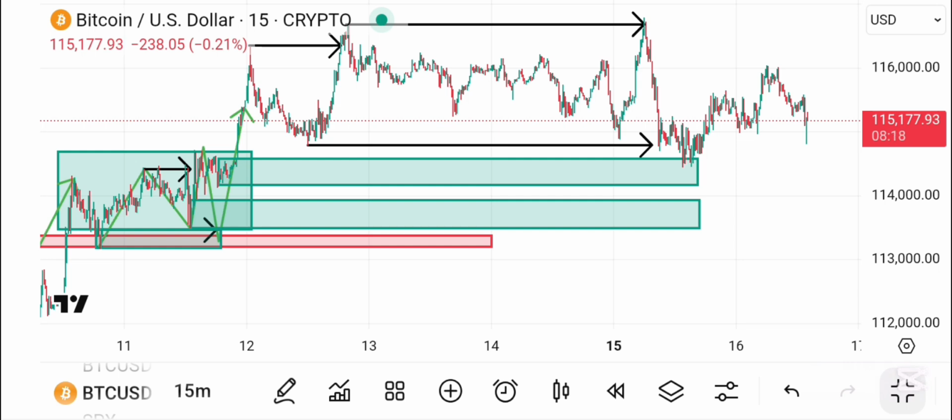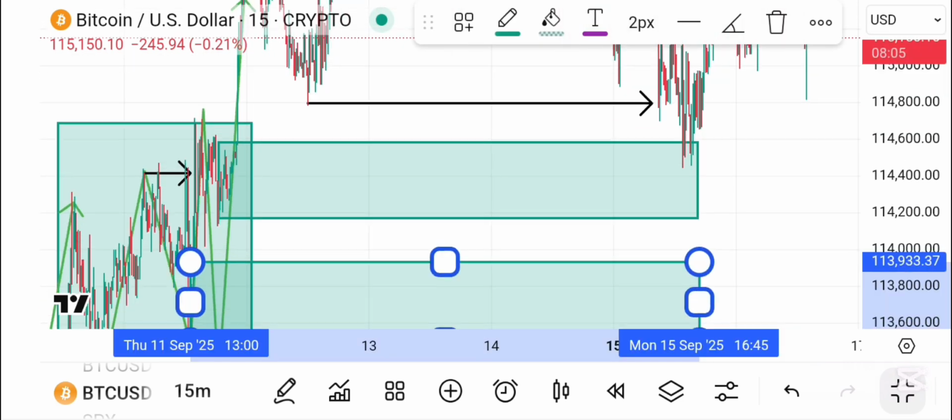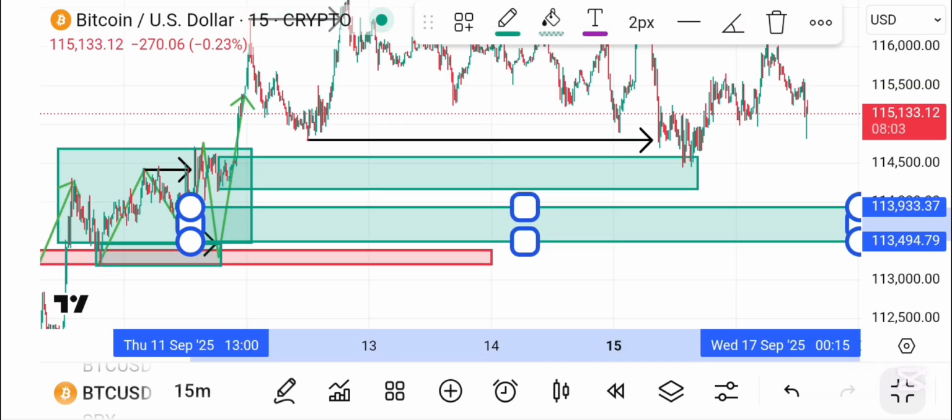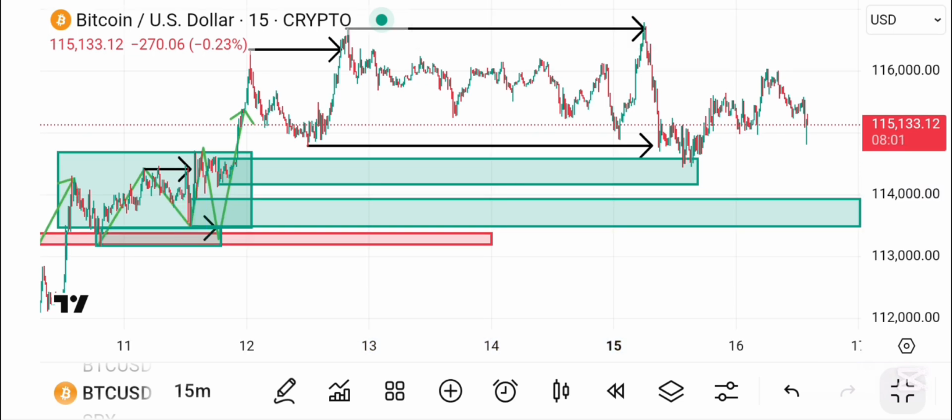There are aggressive buyers, the buyers who come in the market first, and they'll get liquidated by the passive buyers, which we assume to get to this zone right here, which is found at the 70% of the Fibonacci retracement level.